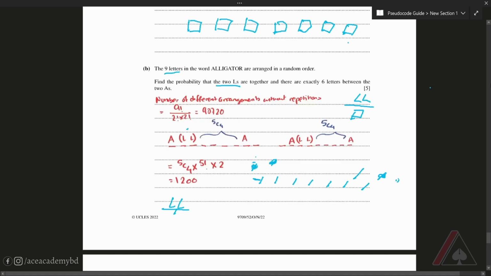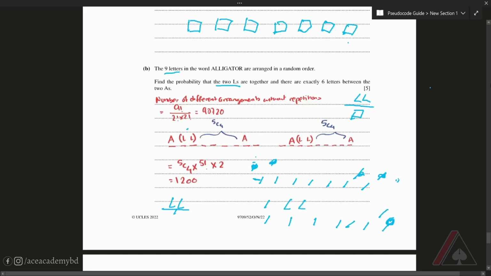Or suppose we take this spot over here. So these are the letters, and the two A's are placed here with 6 letters between them. Oops, sorry. And there's only one more spot left for the two L's. So the L's have to be between the A's.